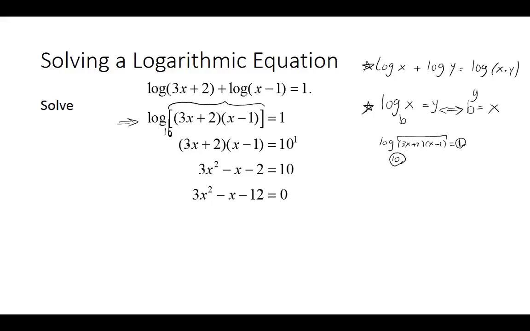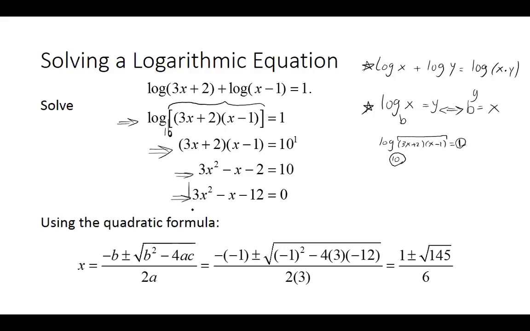As you can see, we have 3x plus 2 times x minus 1 is equal to 10. Now we drop the log, and I can solve this equation by distributing. I get the second order equation. At this point, if I can factor this, I factor it. If not, I can use the quadratic formula. Looks like this is not factorable, so I'm going to use the quadratic formula to solve for x.